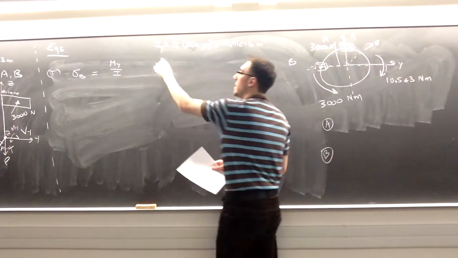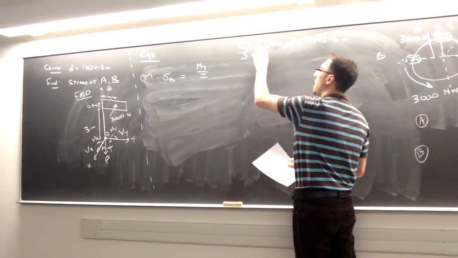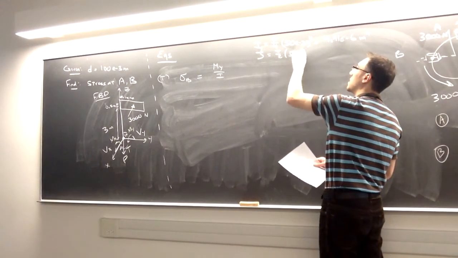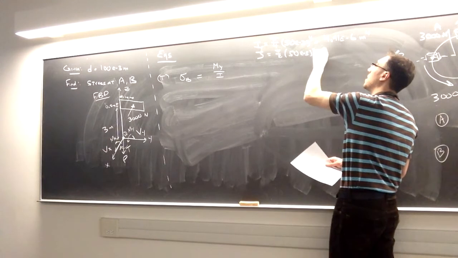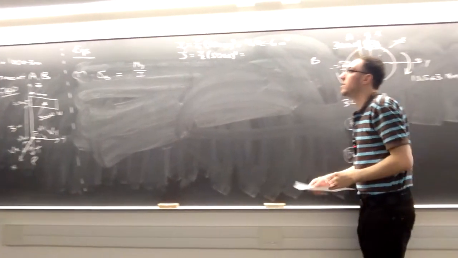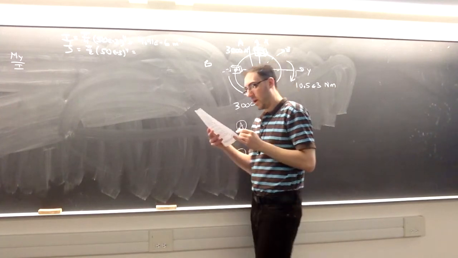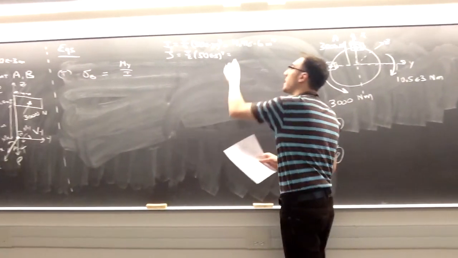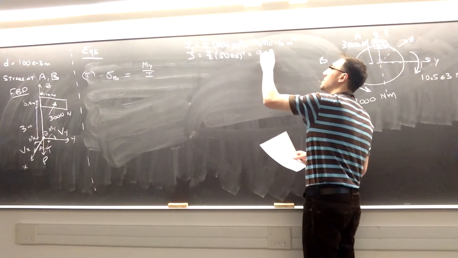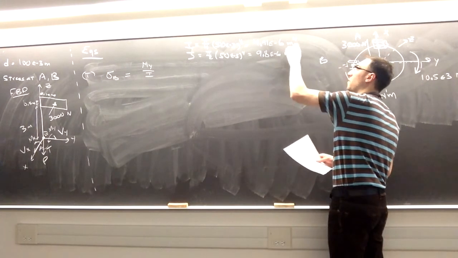And since we're going to need it in a bit anyway, I'll get J, which will be twice I for a circular cross-section: 9.8 times 10 to the negative 6 meters to the fourth.